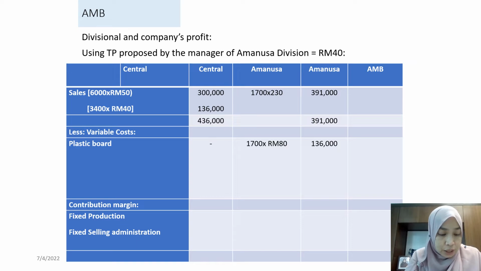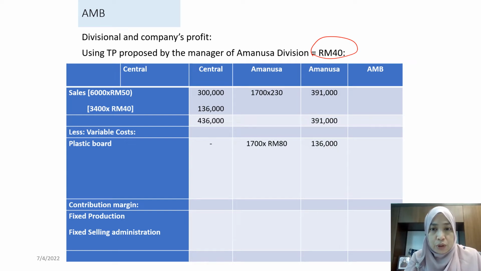Alright, now look at the requirements. Requirement A: determine the net income of the selling division and buying division if the transfer is made at the price suggested by Amanusa division. So Amanusa division suggests 40 ringgit per unit.